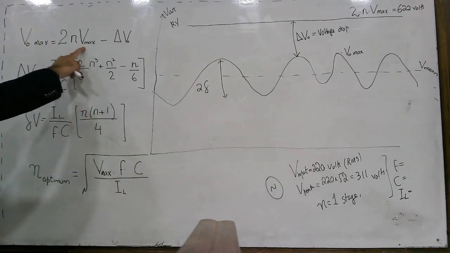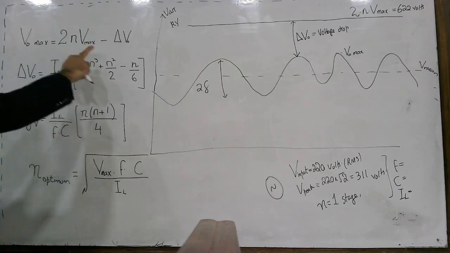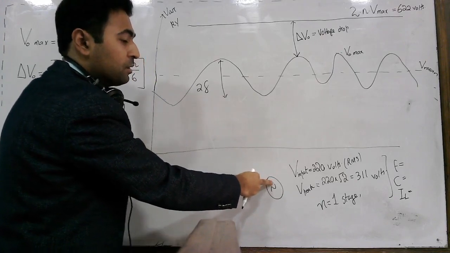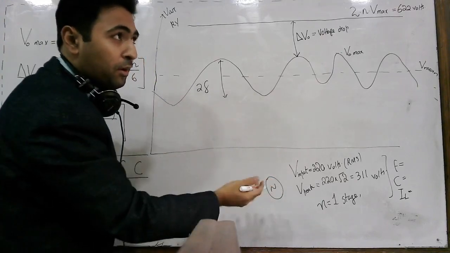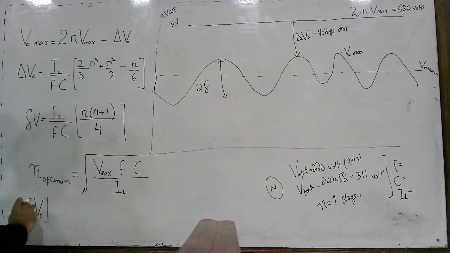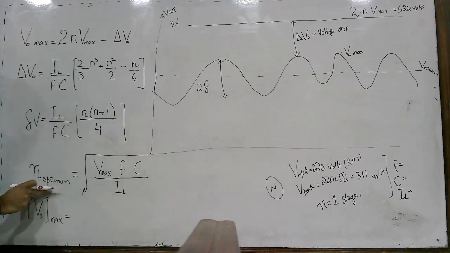V maximum is the peak value of the AC power source which is powering the Cockcroft-Walton circuit, and another value, V output maximum, depends on the optimum stages.